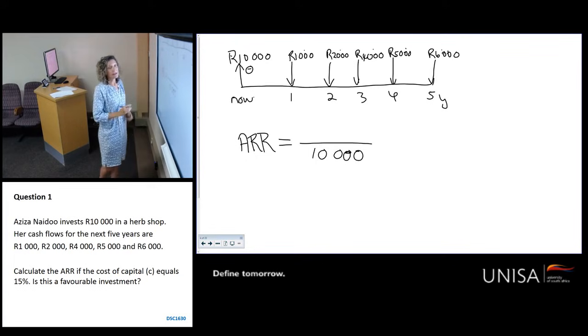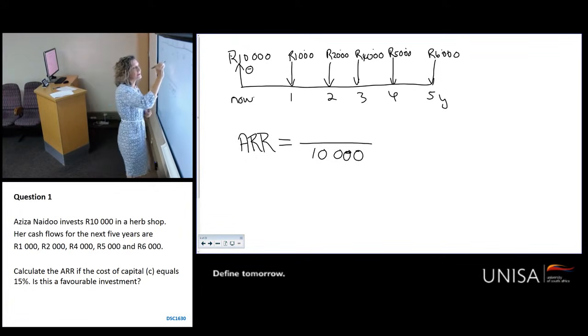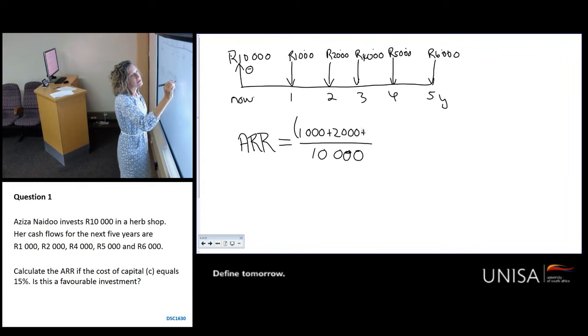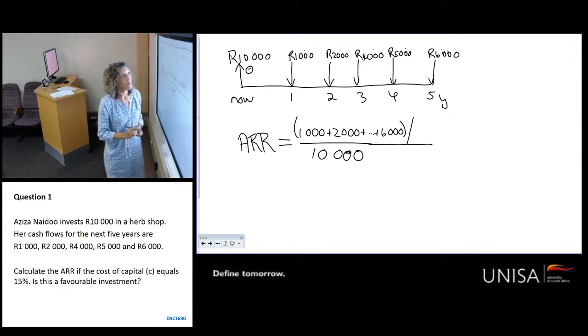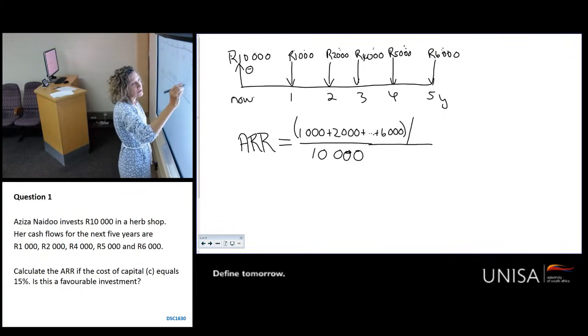How do we calculate the average? We add our 1,000 plus our 2,000 plus our 4,000, 5,000, 6,000. I'm not going to write everything out. Divided by how many? 1, 2, 3, 4, 5 values.